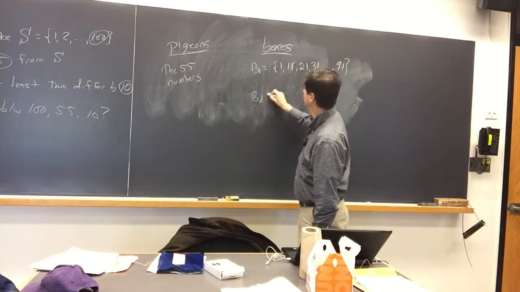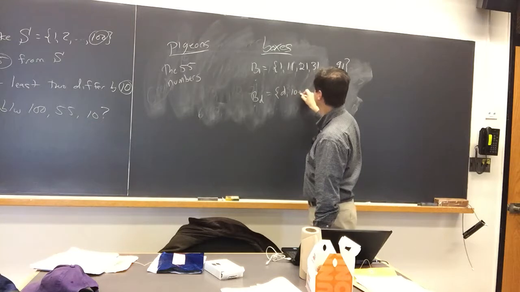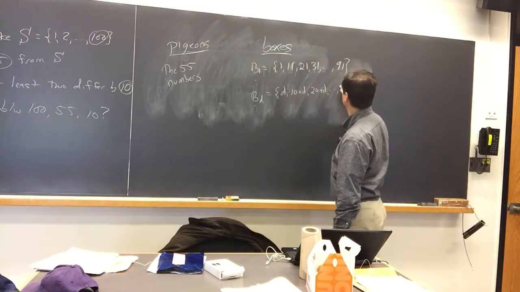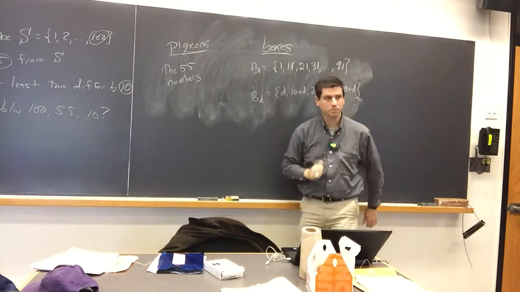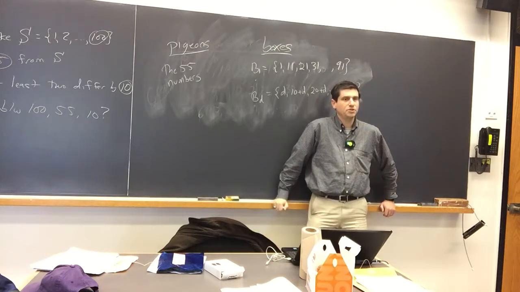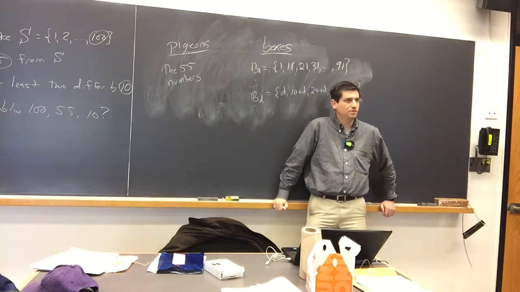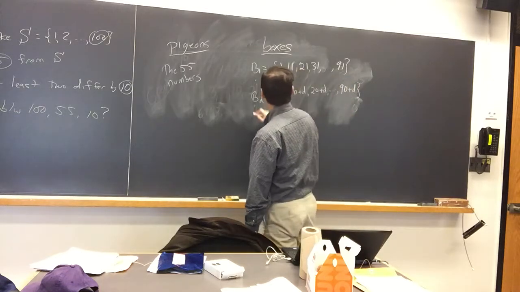Box D is going to be D, 10 plus D, 20 plus D, dot, dot, dot, 90 plus D. So how many boxes do we have? We have 10 boxes. What's the first box we should have done? 0. So we also have box 0.